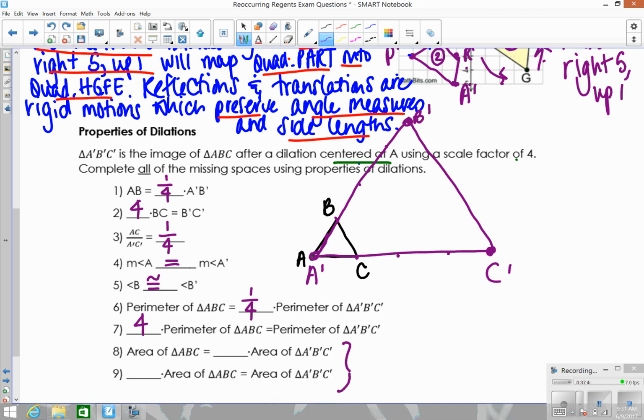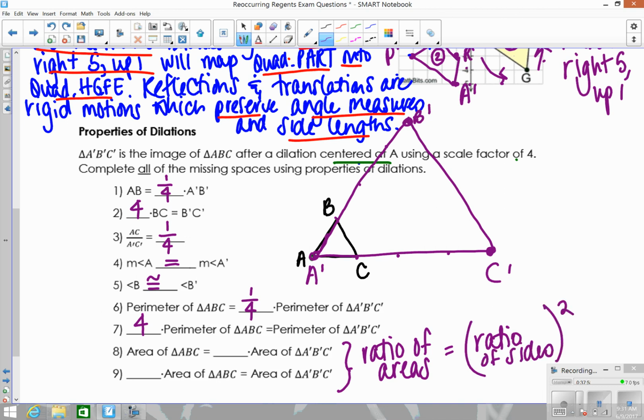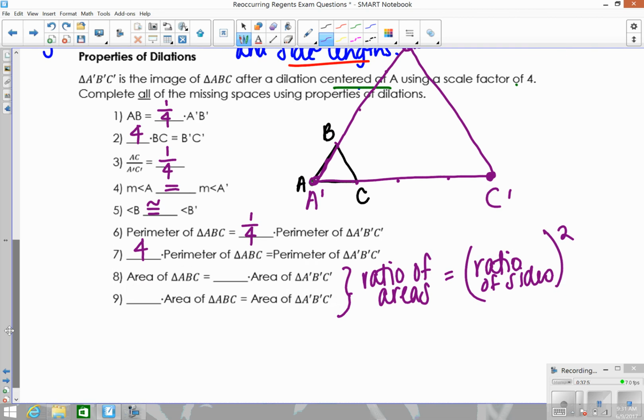So the ratio of the areas is equal to the ratio of the sides squared. So that means instead of 1:4, it's going to be 1 squared to 4 squared, so 1/16. So the area of the small triangle is 1/16 the area of the big one, and then vice versa.